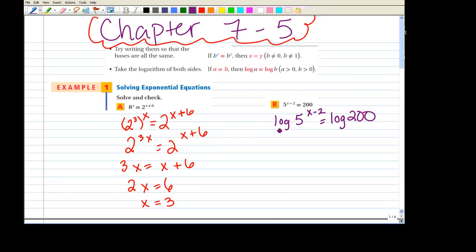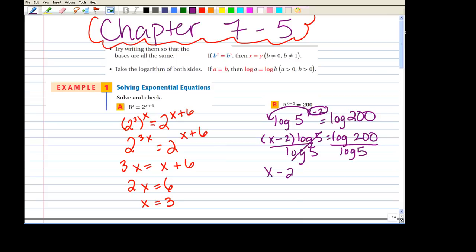As we've already discussed, if I have a log with an exponent, I can take that exponent and move it to the front. So here I've got x minus 2 times log of 5 equals log of 200. And then if I divide both sides by the log of 5, I'll get x minus 2 equals the log of 200 over the log of 5.